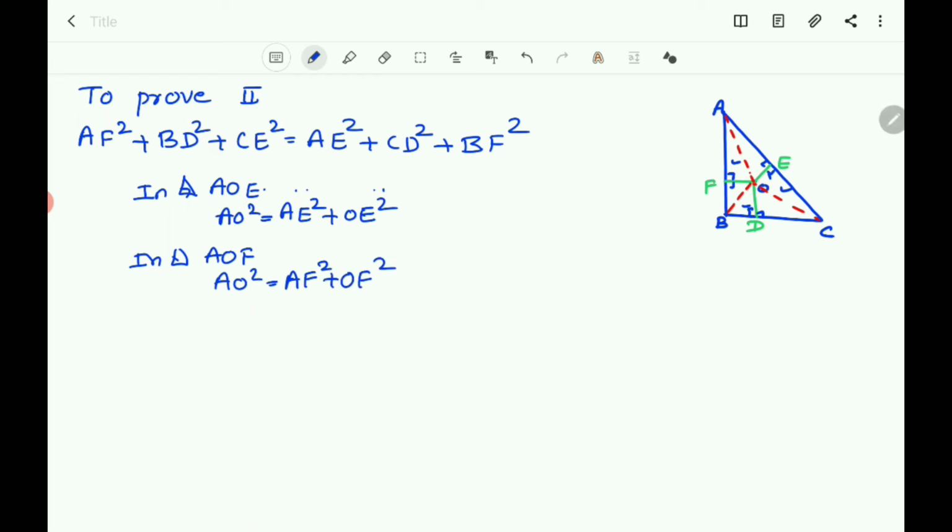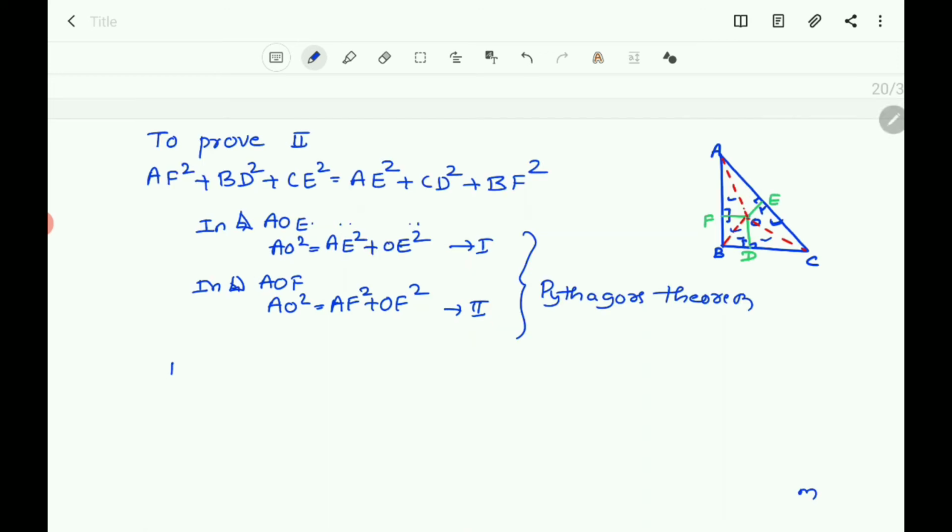Consider this is first, this is second. Then from first and second you will get AE square plus OE square is equal to AF square plus OF square.